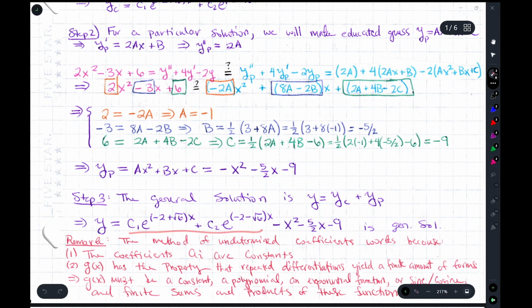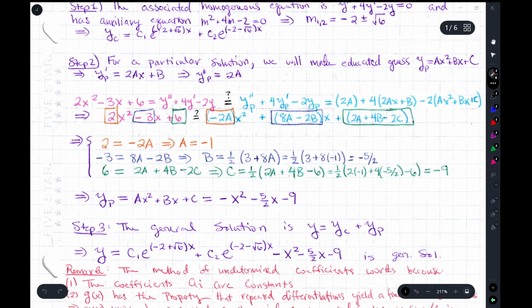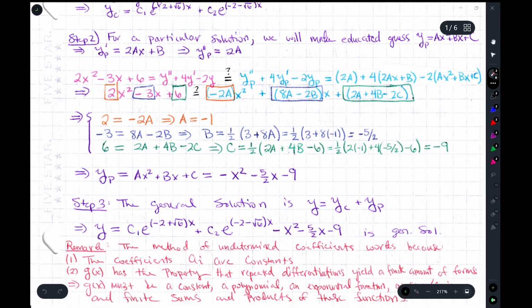So here's our complementary function from step 1 that we had up here. And here's our particular solution. And so this is the general solution. Any solution can be determined by this general solution by just fixing the constants.